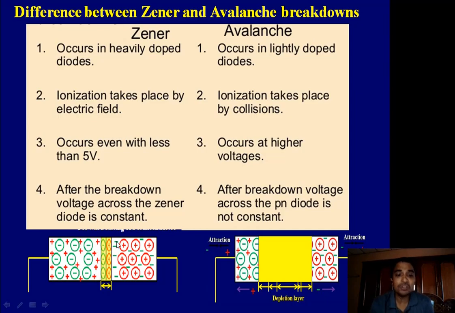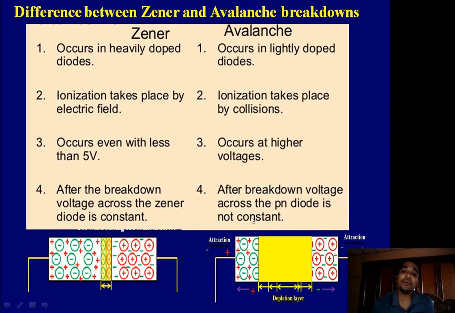A range of 4 volts or 5 volts is sufficient to produce more electron hole pairs. Yes, this junction will collapse, and the Zener diode starts conducting very high current. This is the way Zener diode breakdown happens.